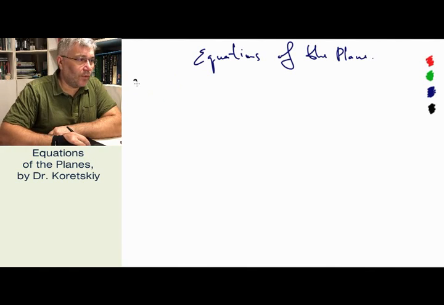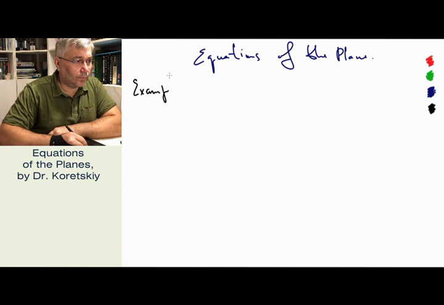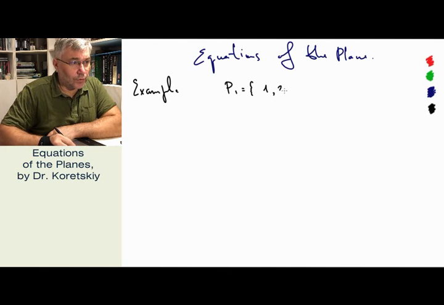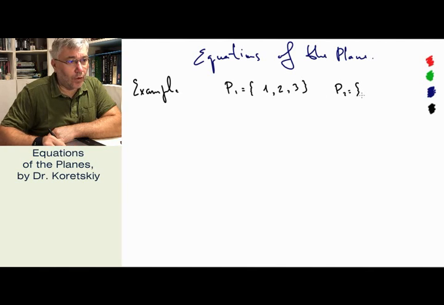So let's consider an example. We have 3 points: P1 with coordinates 1, 2, 3, P2 with coordinates 0, 1, 1, and P3 with coordinates -1, 0, 4, for example.